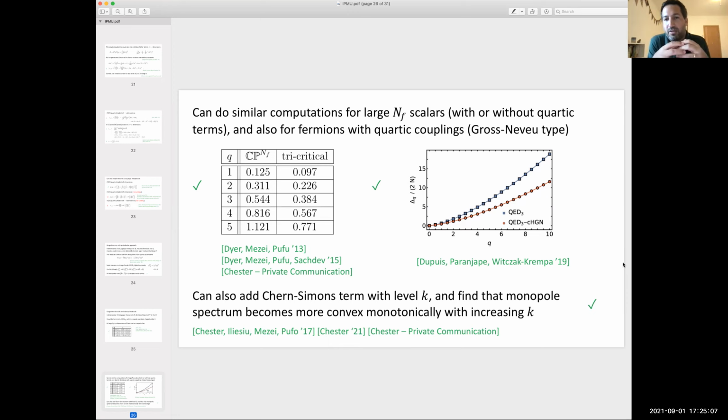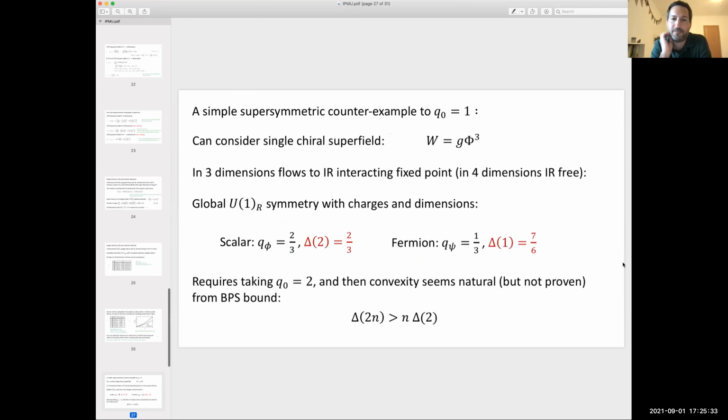So the most marginally convex, the strongest tests of the conjecture, are actually for 0 Chern-Simons level. For any of these Chern-Simons modifications of these theories, convexity still holds, no matter what the Chern-Simons level is. So that's yet a different qualitative test of the conjecture, and it also passes that one.